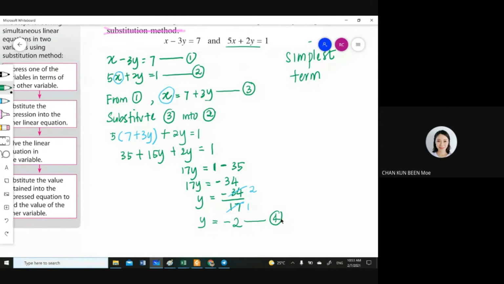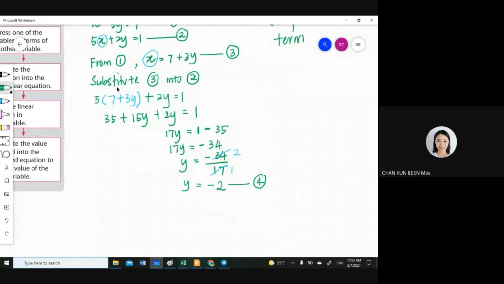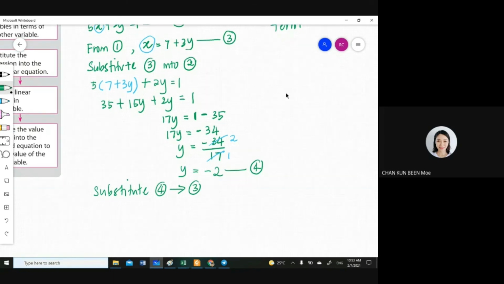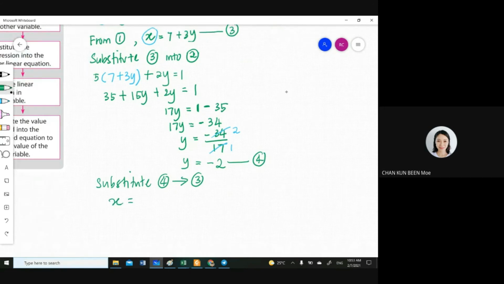So I'm going to substitute number 4 into number 3. That's why I'm going to write the step over here like this: substitute 4 into 3. The 3 that we have is x equal to 7 plus 3y. I copy down x equal to 7 plus 3y, because we substitute the y, which is negative 2, into the y over here.